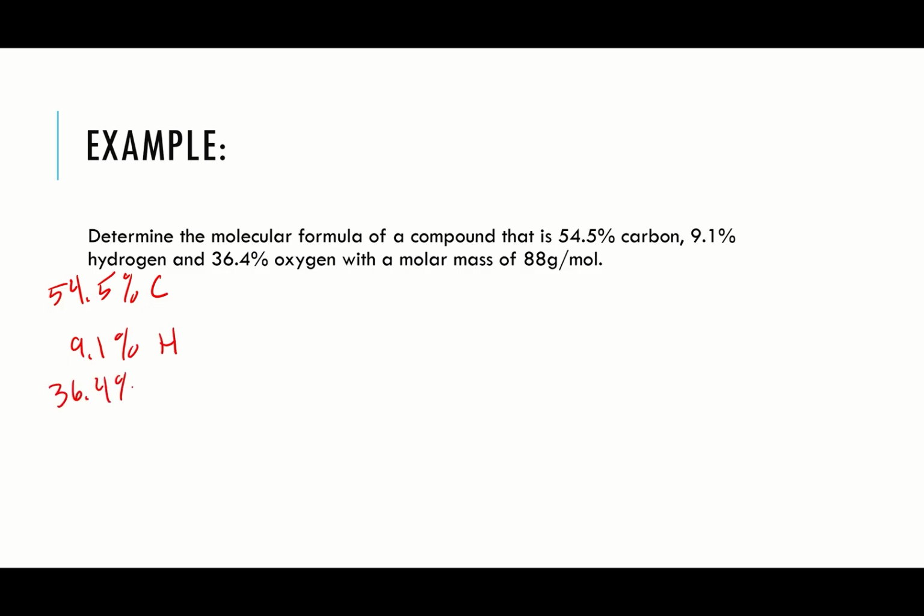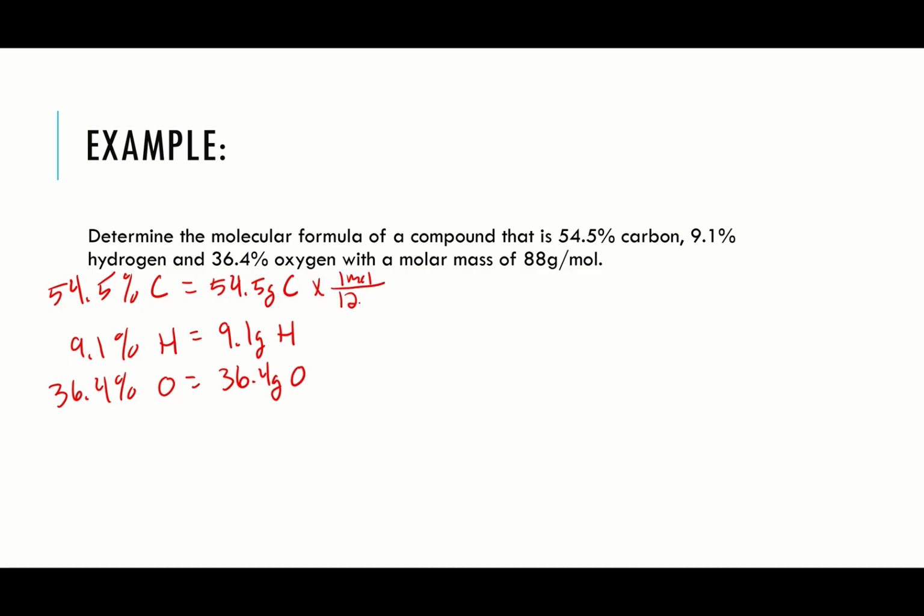So writing out our percentages, we're going to then assume 100 grams so that these percentages are just grams. Now that we've got a mass to work with, we're going to convert them into moles.